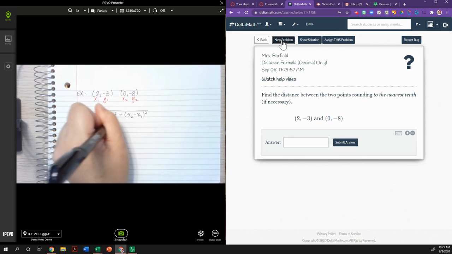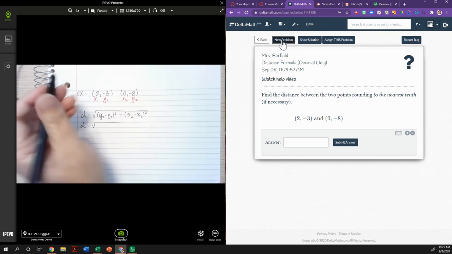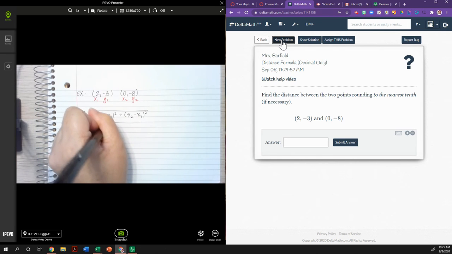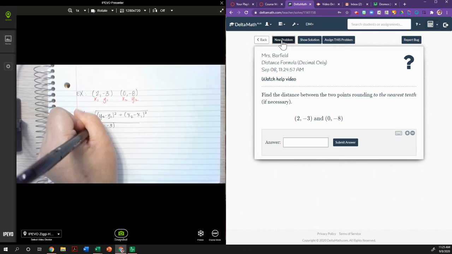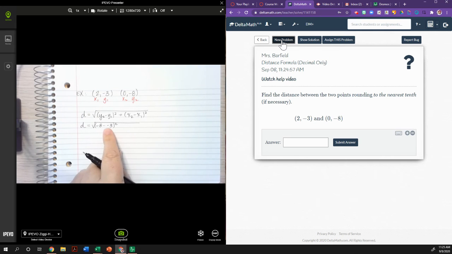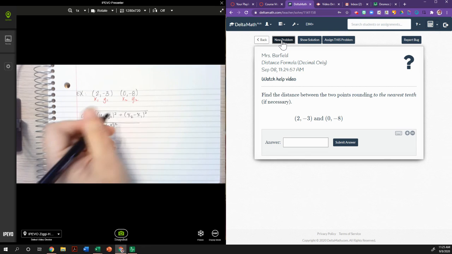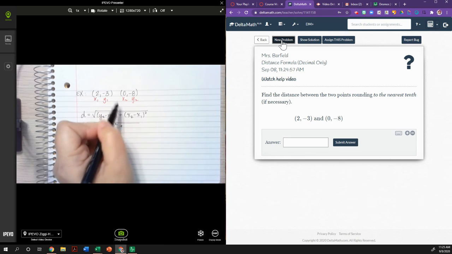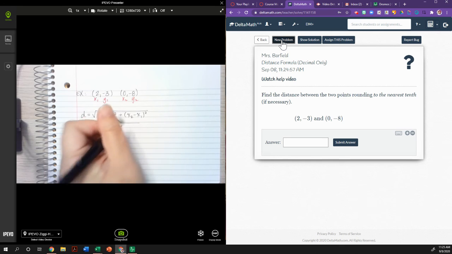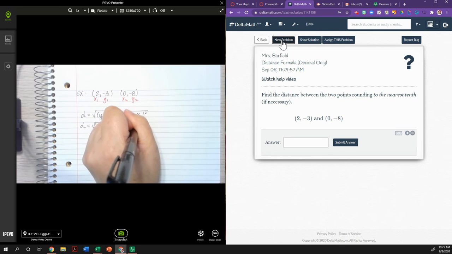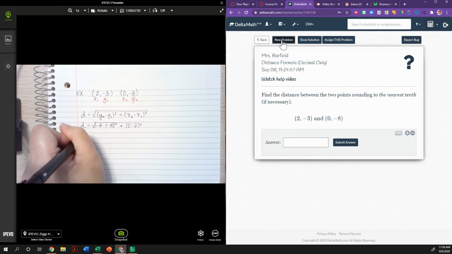So d equals the square root of y2, so -8 minus -3 squared. I'm going to add in an extra set of parentheses, plus now I'm going to take 0 minus 2 squared.